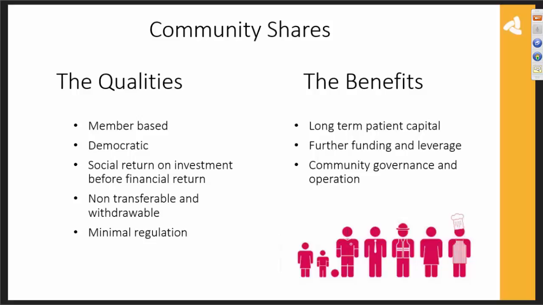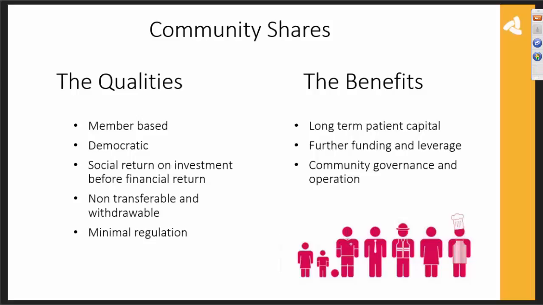Just to pick up again on this idea of social return on investment before financial return. We get asked this again and again: is this a way for people to make money? Occasionally there is interest offered, and that's something that we can talk about in the Q&A if you like, but this is essentially about social return on investment.